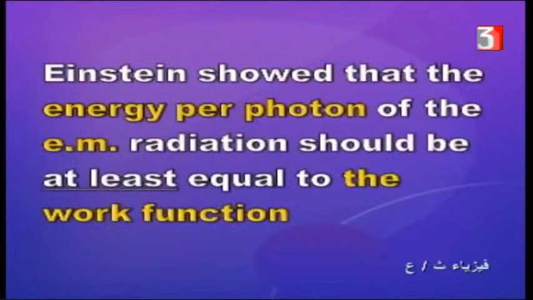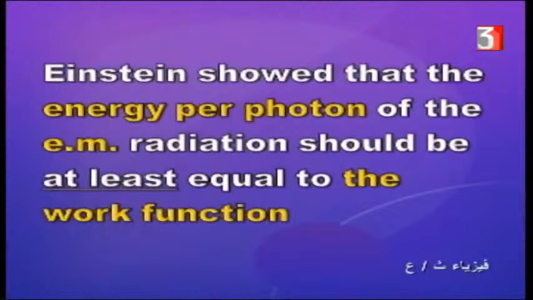Einstein showed that the most important thing is the energy per photon, the energy possessed by a single photon. He showed that the energy per photon of the electromagnetic radiation should be at least equal to a certain value, which we call the work function, so as to manage to extract an electron from the surface of the metal.